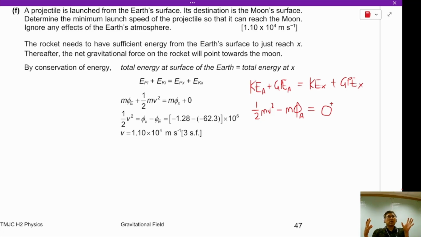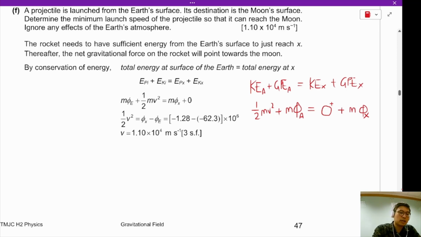That means it's 0, but it's still moving a little bit, so an infinitesimal speed more than 0. And then the GPE at point X will be the mass multiplied by the potential at point X.